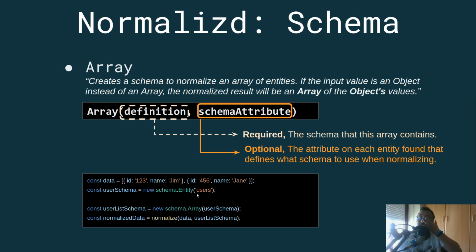But if we are saying in this schema, in this user list schema, I'm going to say this is going to be an array. User list schema is going to be an array of users schema. So here you see I should have put the entity first. I just followed the example, but entity is the first one we should see.